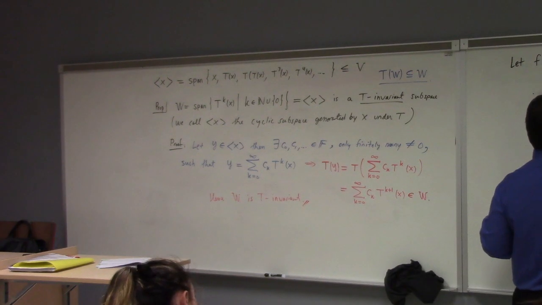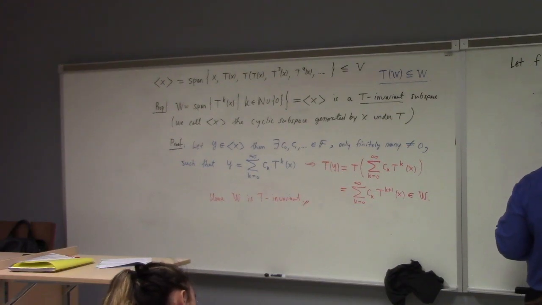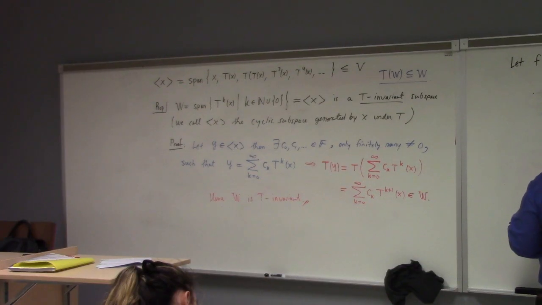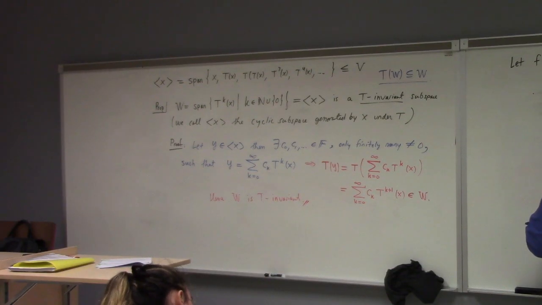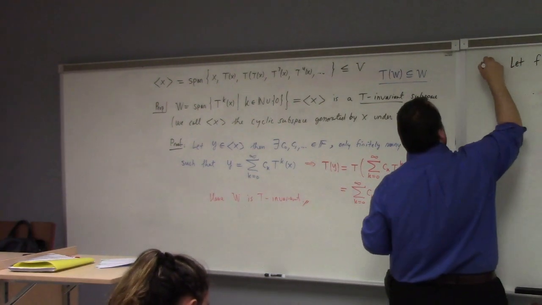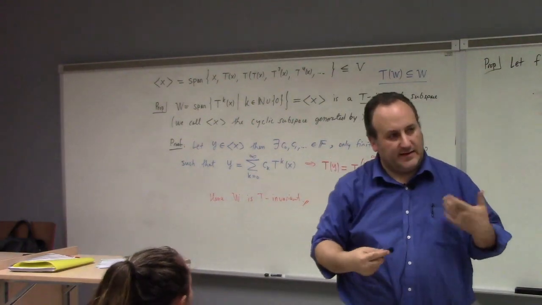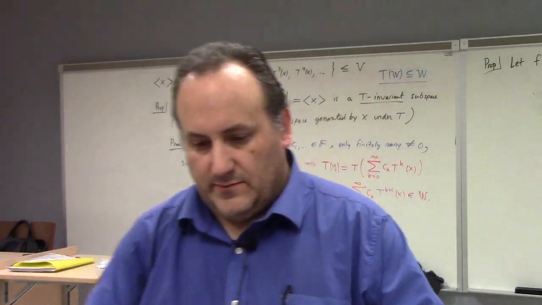And then the kernel of f of big T is a T invariant subspace of the vector space. Once more, I am in the context of T being a linear transformation on a finite dimensional vector space, okay? We're still in that context.